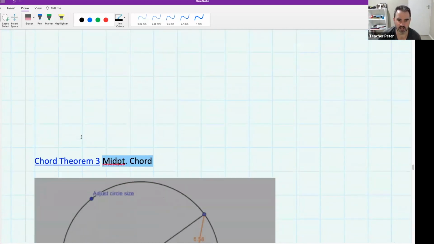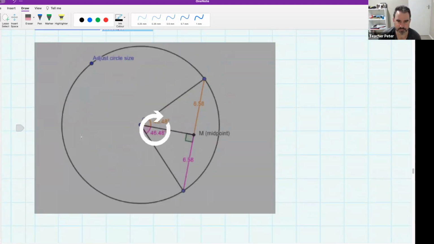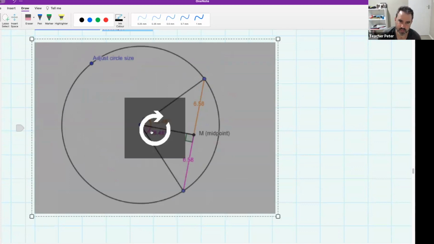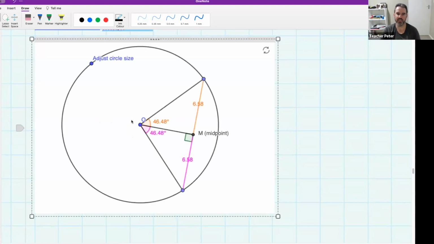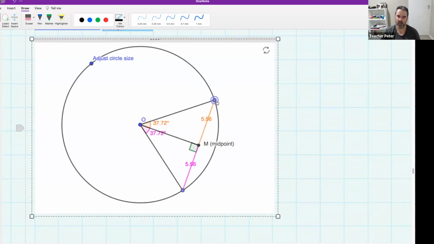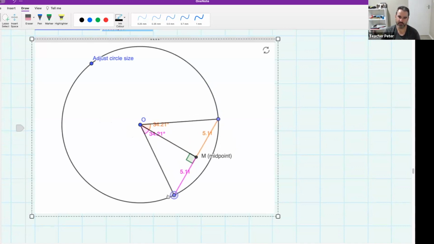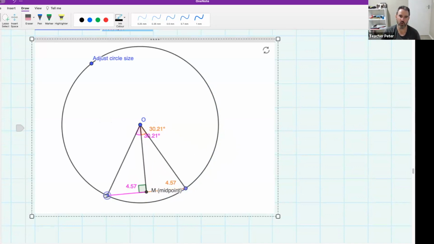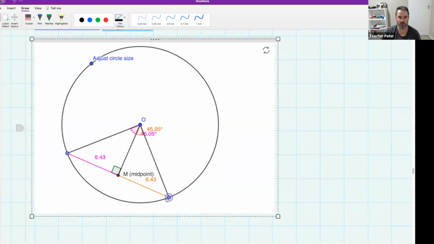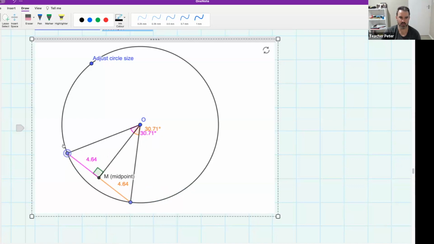Okay, then last thing for tonight. Let's have a look at this one. So this has also got to do with the center of a circle. All right, watch this. Now I am moving this chord all around the circle.